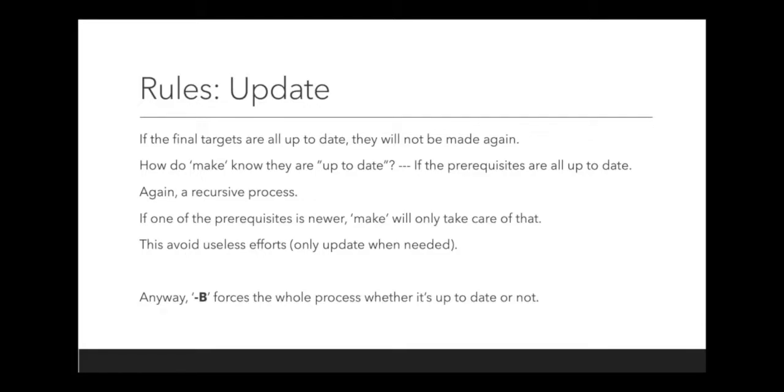If one of the prerequisites is newer, make will only take care of that. This avoids useless effort because it only updates when needed. If we want to force make to complete the whole process, whether it's up to date or not, we can use the argument b.